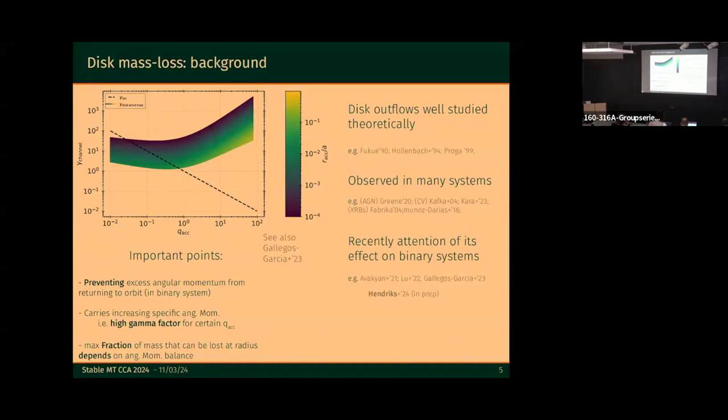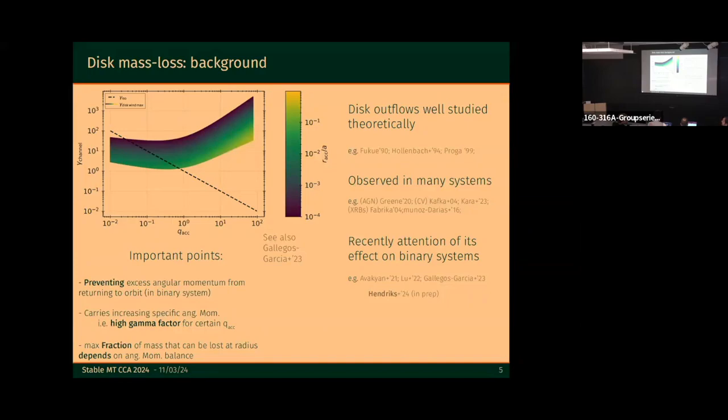As I show here on the figure, the gamma factor of this accretion disk wind is high, and the shape is more or less like losing mass from the donor, because the material is at some point so far out that it's almost at the location of the donor rather than the accretor. What I'm showing is the maximum torque that accretion disk winds can exert.